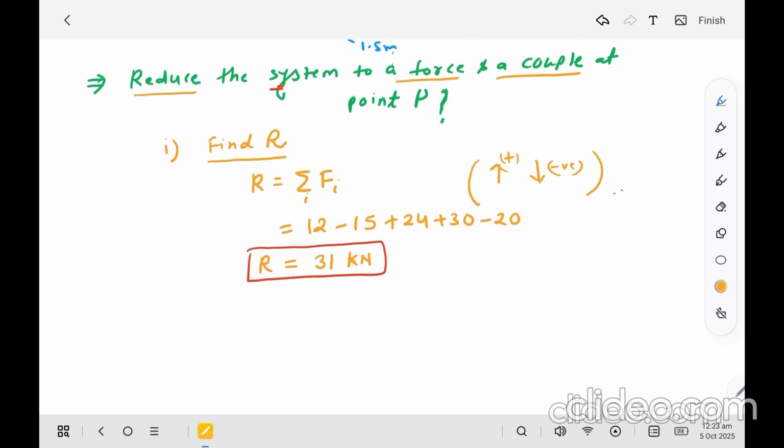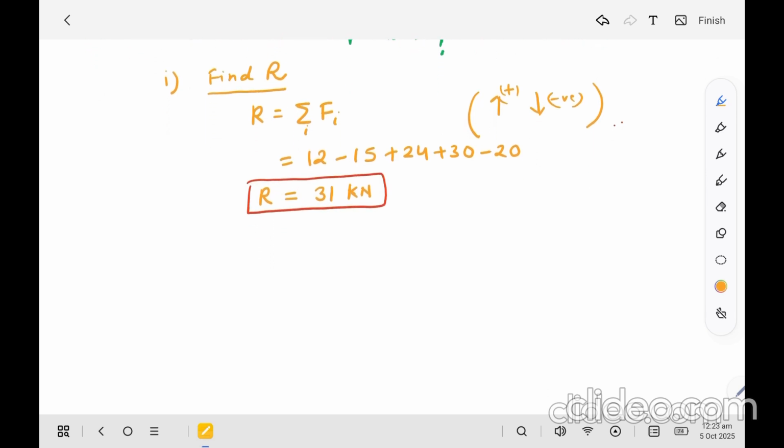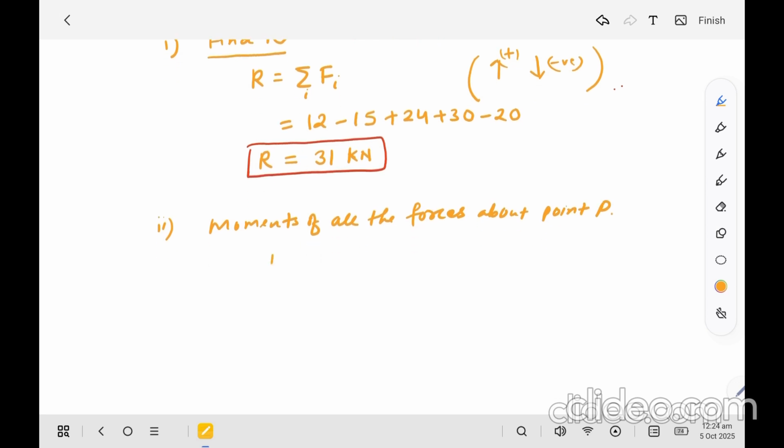Now we have to find the position of this resultant force from point P. Okay, so now we have to find moments of all the forces about point P. Okay, so the sum of moments of all these forces about point P is MP.